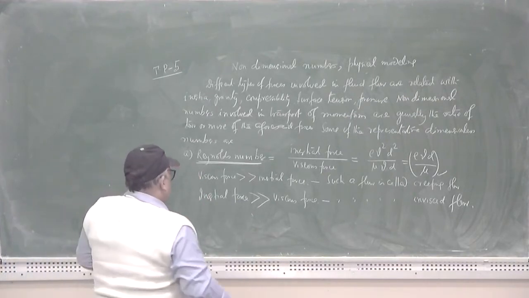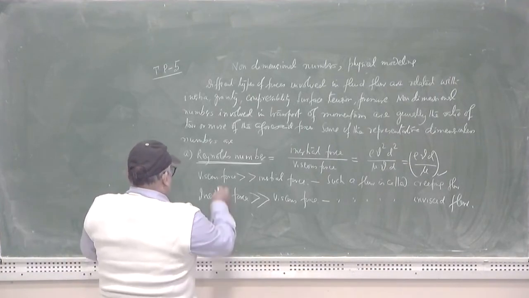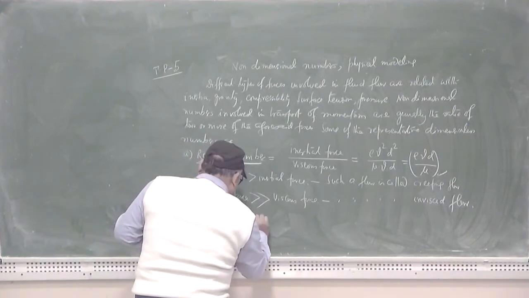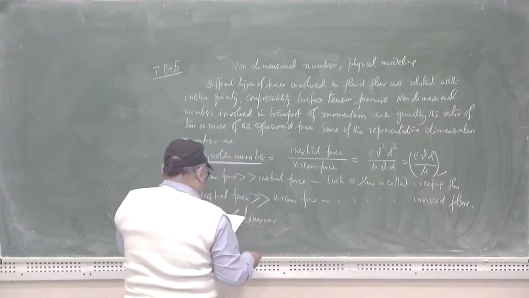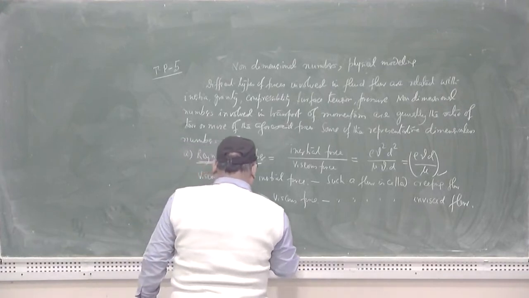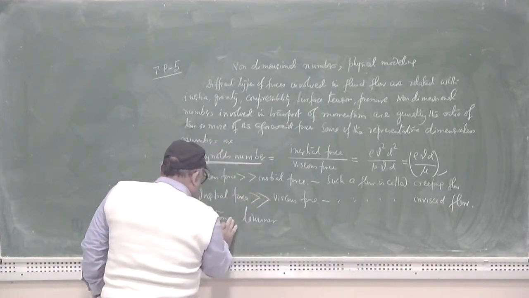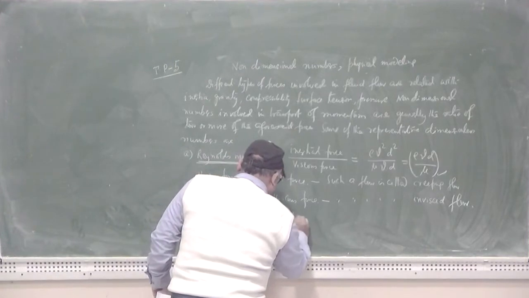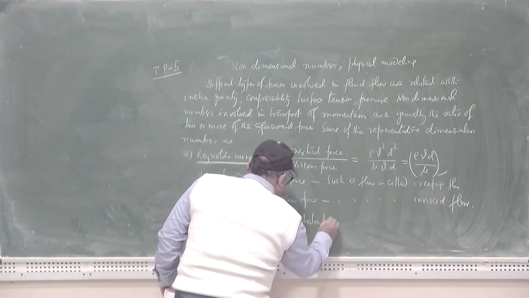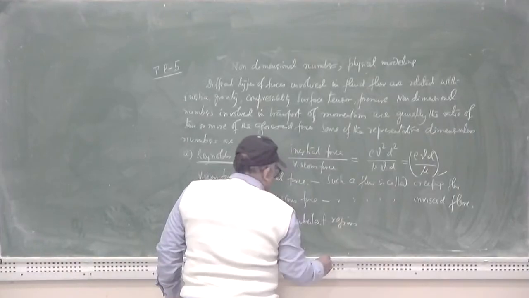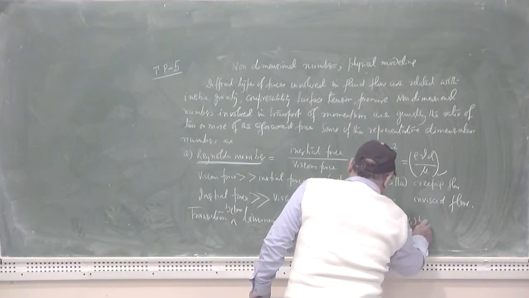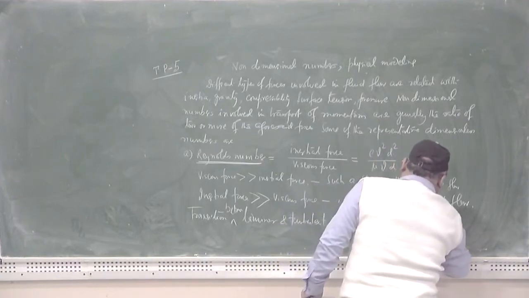So, the transition between laminar and turbulent regions can be decided by this number.